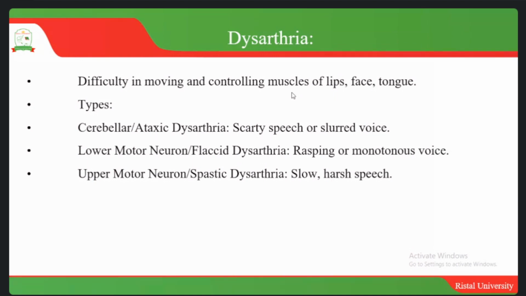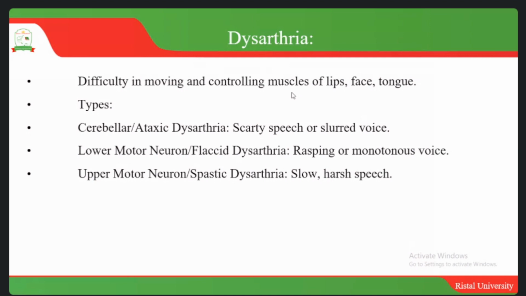So there are different types. You have the cerebellar, which is ataxic dysarthria, with a scanning kind of speech or slurred voice. The patient tries to say something, but the voice is not clear. It is slurred in a way that you don't understand what the patient is saying, though he is trying to speak a certain word.